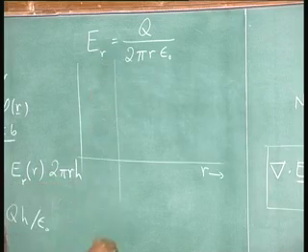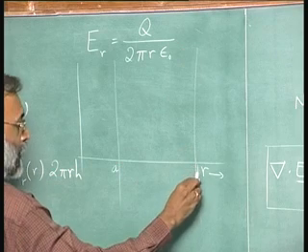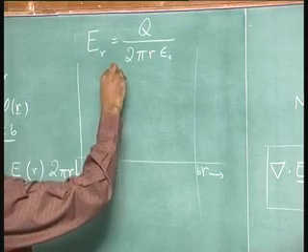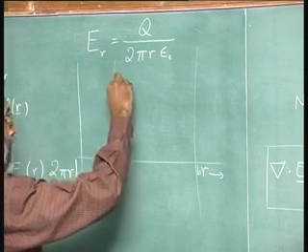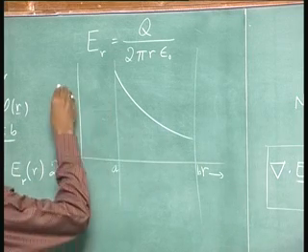My inner cylinder reaches here, so this is A, my outer cylinder is here, so that is B. What I have is that the electric field looks like 1 over r. So, this is E r.